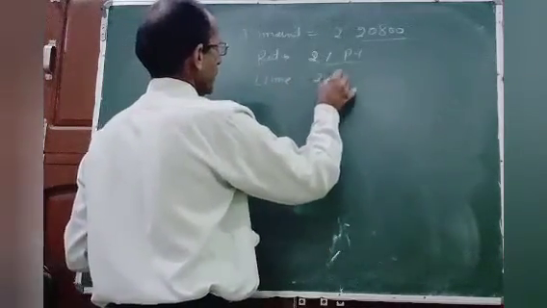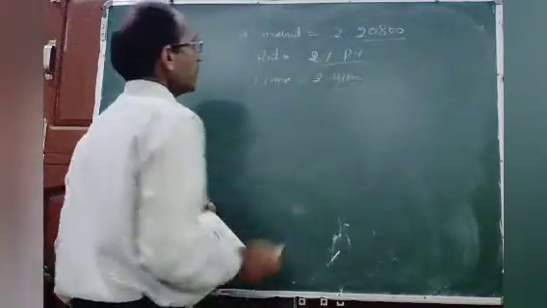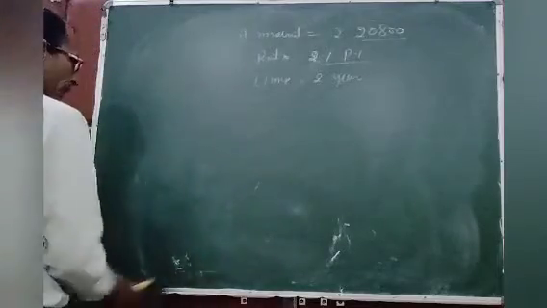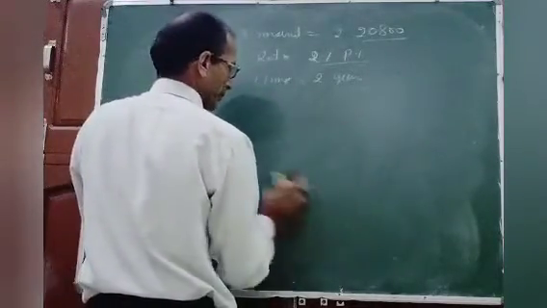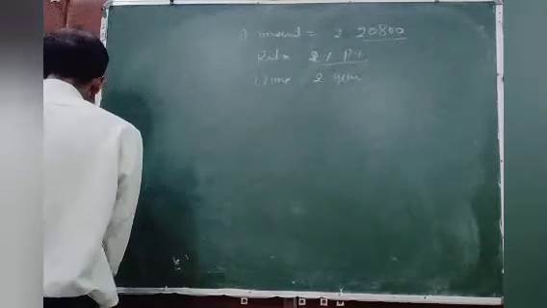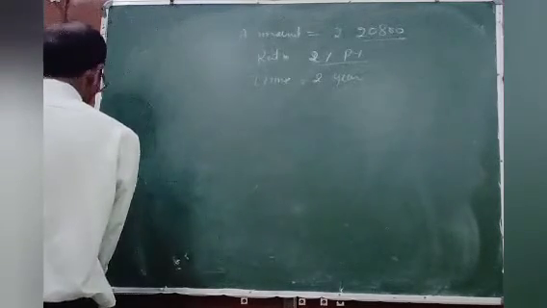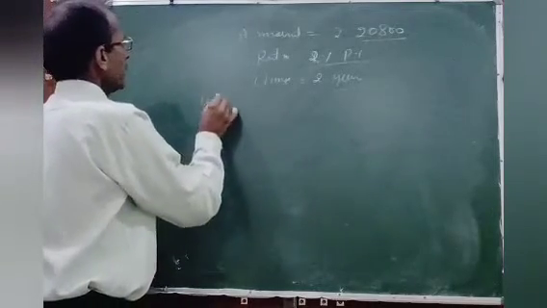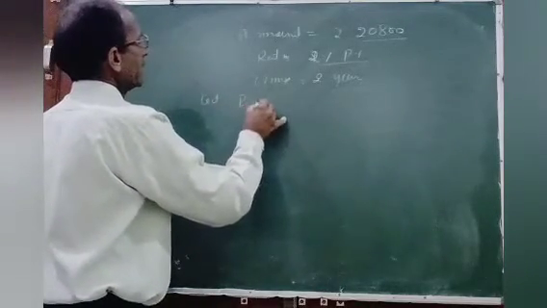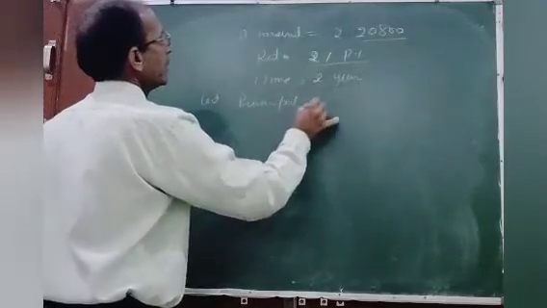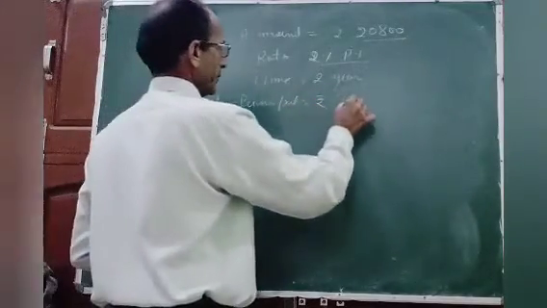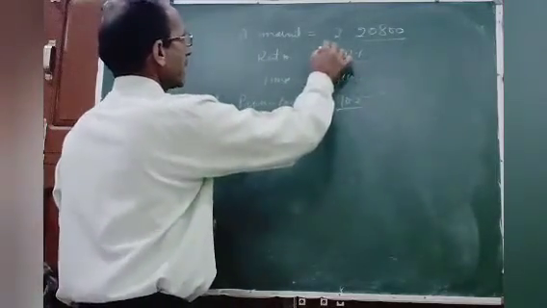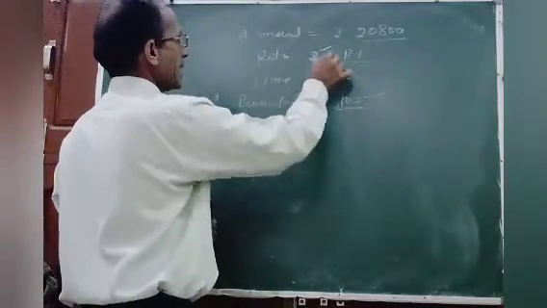So for this one you can assume principal, or by direct formula also you can find. So let principal be rupees 100. Principal I assume rupees 100. Time is 2 years and rate is 2%.